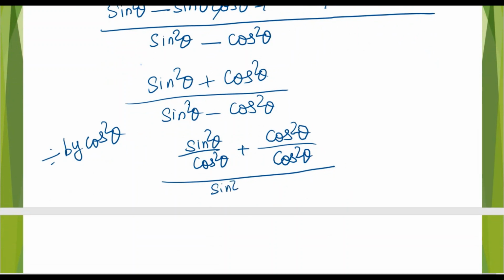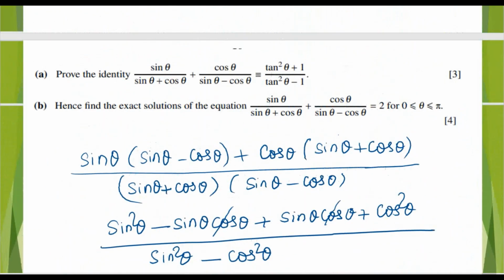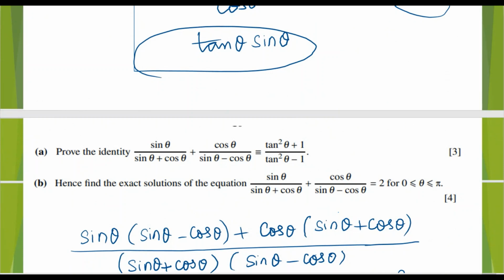Similarly, sin square theta divided by cos square theta minus cos square theta divided by cos square theta. So this is nothing but tan square theta plus 1 divided by tan square theta minus 1. Okay, so we got the result.